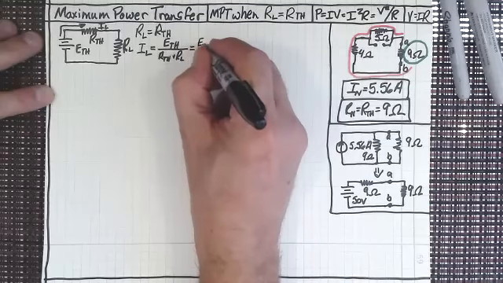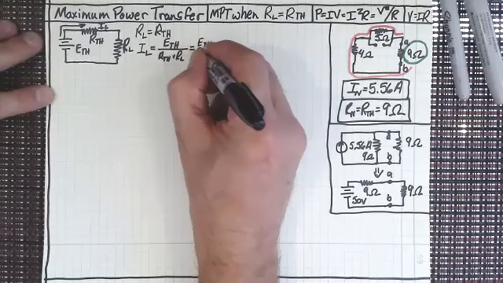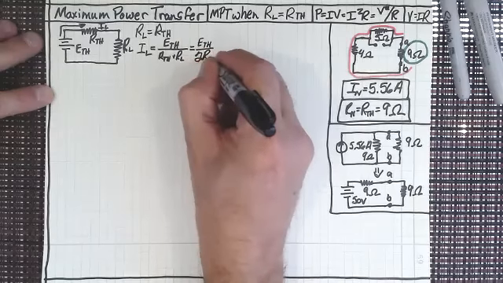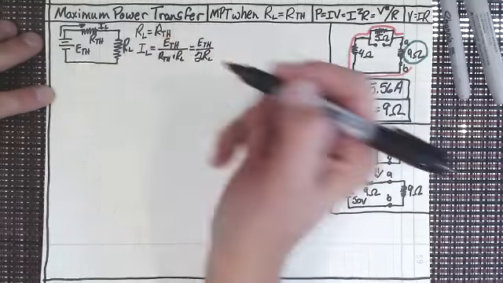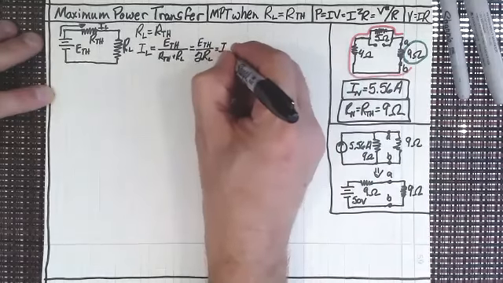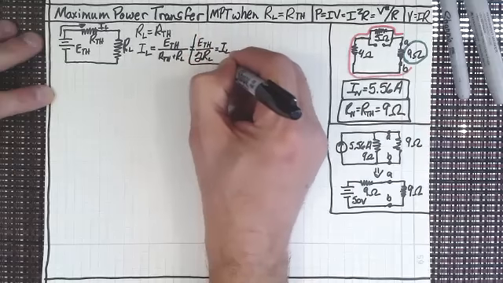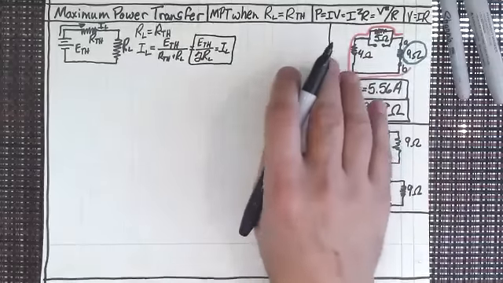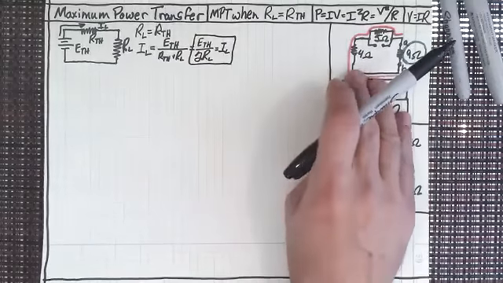So this is just going to be E Thevenin divided by 2 times R sub L. And that equals I sub L. I'm just going to put I sub L there so that we have that as a nice little equation that we can refer back to in a second.